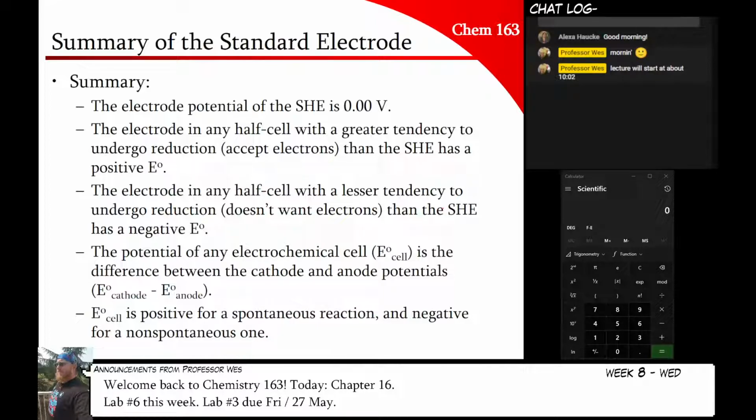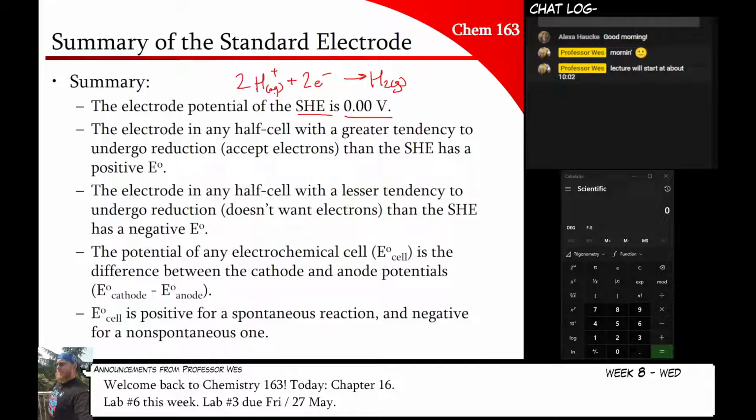So on this slide, we have a summary of what we've talked about calculating voltages. We're going to set our standard of 0 as the standard hydrogen electrode, which again is that. I should probably write aqueous here, but H plus has to be aqueous. If relative to the SHE, the half cell that we're looking at wants to undergo reduction more than the SHE, then its E cell will be positive.